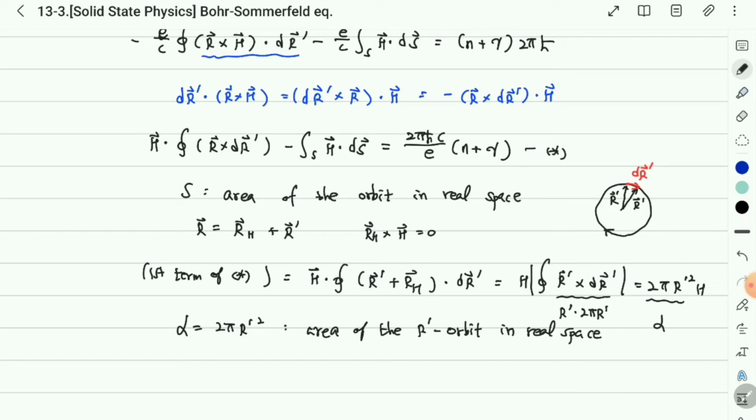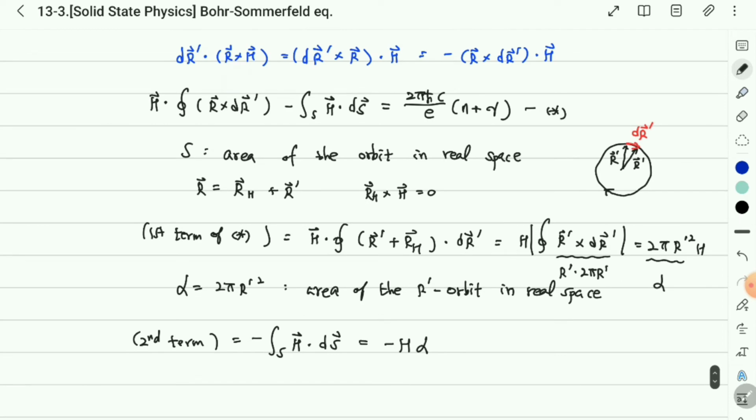And also the second term is minus the surface integration h dot ds, and because h is the static magnetic field, we can think of it as a constant value, therefore h times the area in real space, alpha.